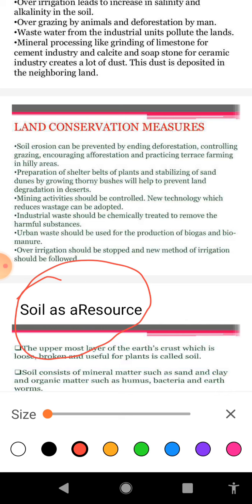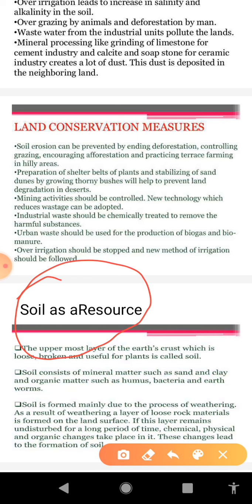In the previous video I told, in a very simple sentence, superfine particles of weathered rock with humus which is indispensable or necessary for growth of plants is termed as soil.